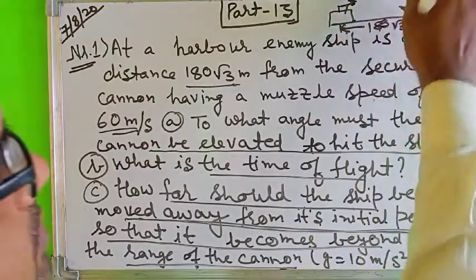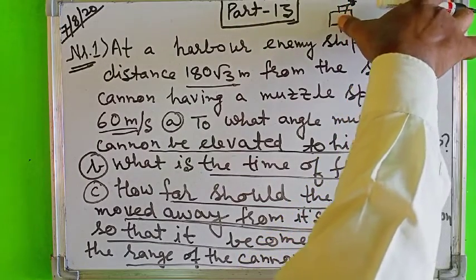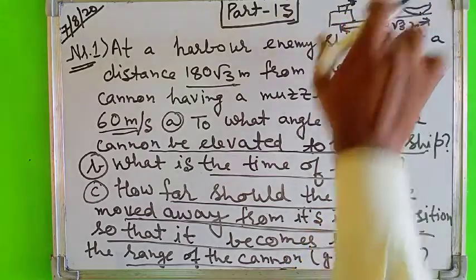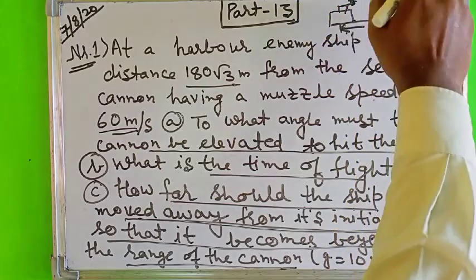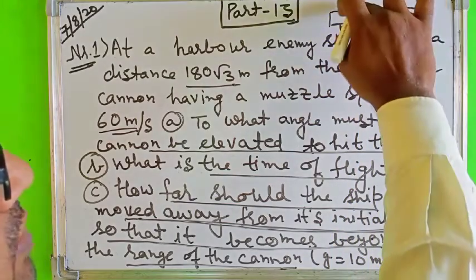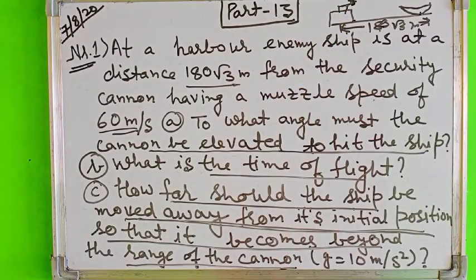Means whatever the range of the cannon, what is the movement of the ship from its initial position so that the bullet is not going to reach the ship. This is what had been asked in the question.